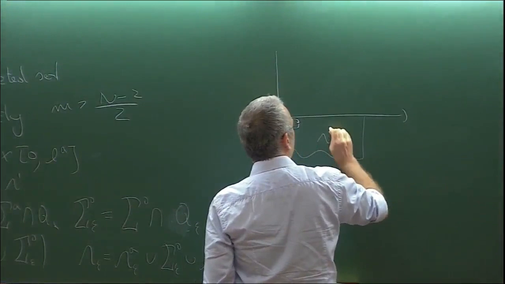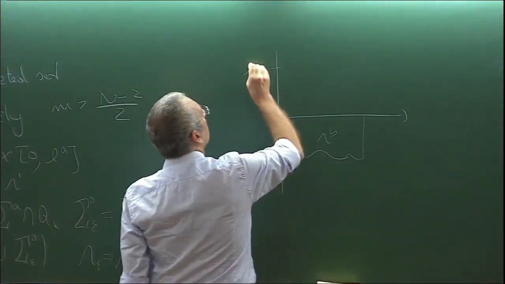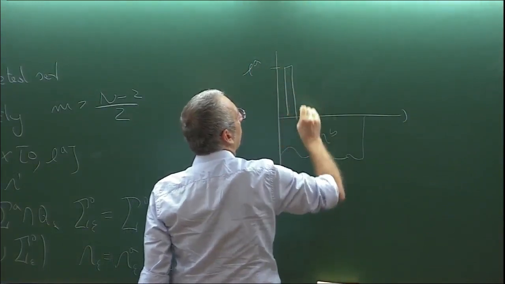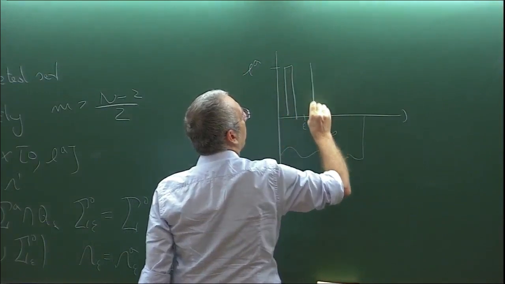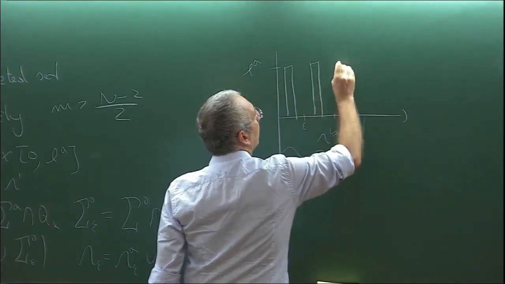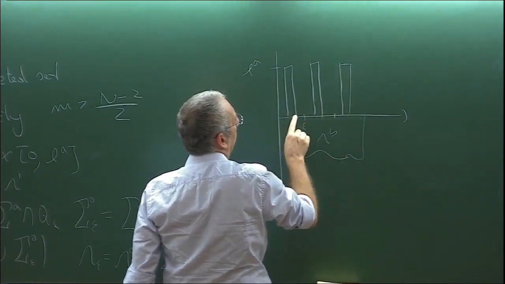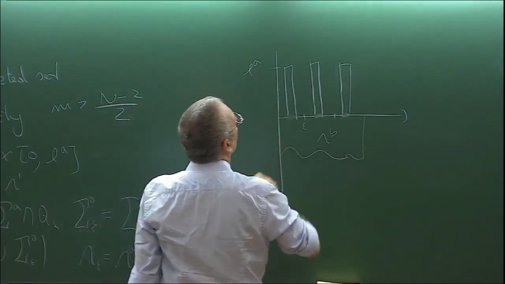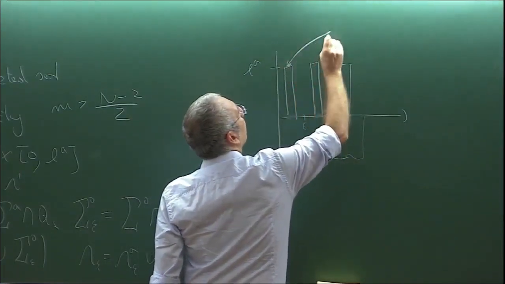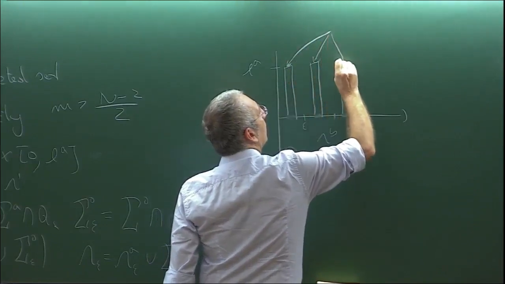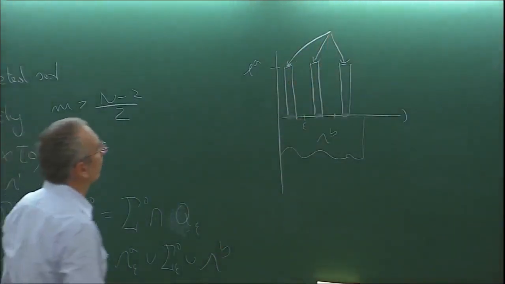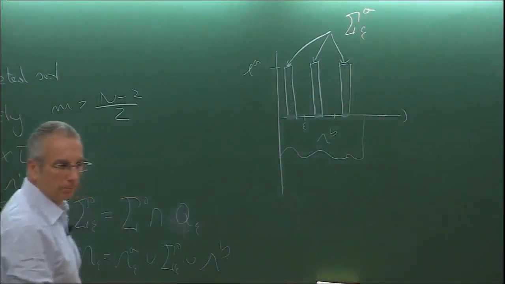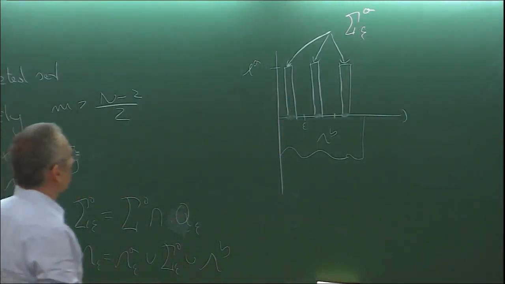This is always omega_B. This is L_A. Okay, this boundary, the top of these teeth, we call it sigma_A^epsilon. Okay?